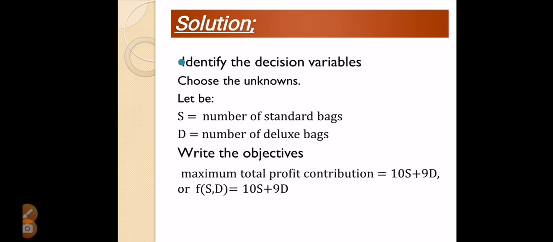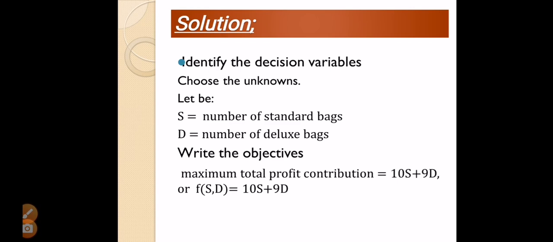Identify the decision variables, or the controllable inputs for a linear programming model. Let us choose the unknowns. What are the missing points in this problem? It is the total profit contribution of the standard bag and the deluxe bag. So our decision variables are the deluxe bag and the standard bag.